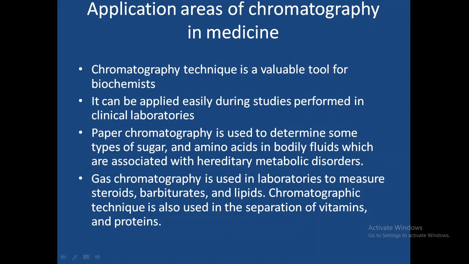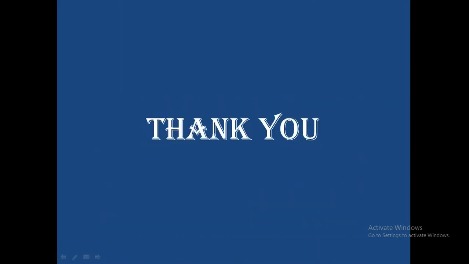In various research fields related to medicine, the chromatographic technique is a valuable tool you can apply for your investigation. Gas chromatography is specifically used in the laboratory to measure steroids, barbiturates and lipids. Chromatographic technique is also used in the separation of vitamins and proteins in food samples.